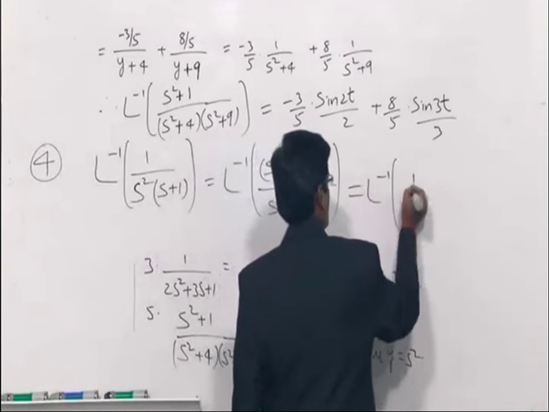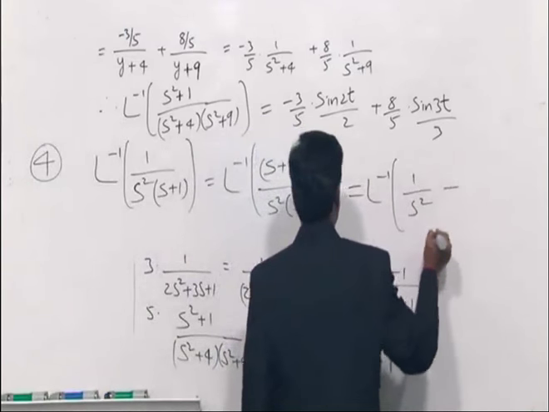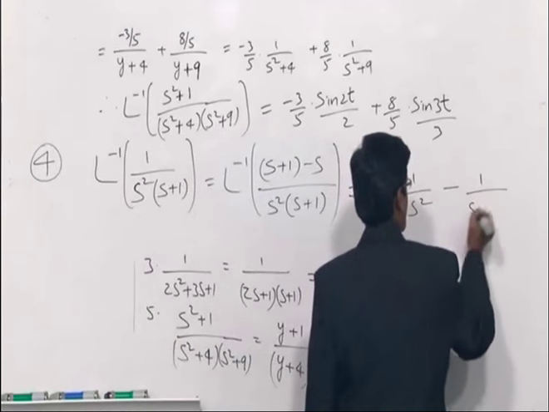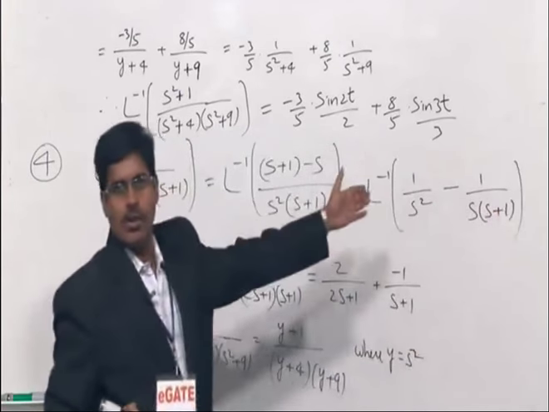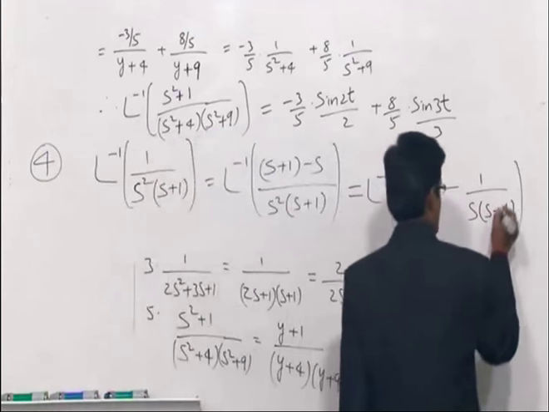Just I have added s and subtract s, then splitting into fractions. L inverse of 1 over s square minus 1 over s times s plus 1. So again we know 1 over s into s plus 1, that is partial fractions.